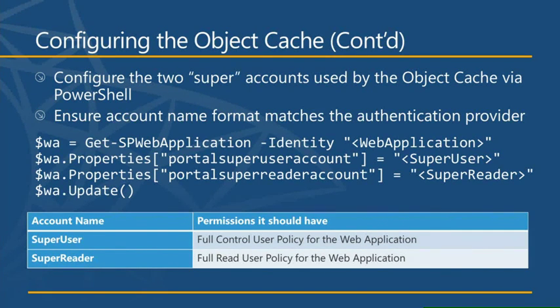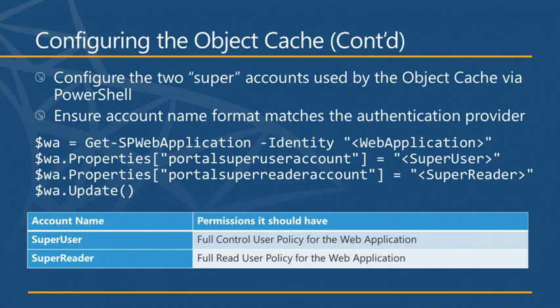So we don't have any user interface to configure this. We have to do this via PowerShell. And really all we're doing here is we're configuring these two super accounts, which are kind of hidden in the system, not represented in central admin in any way, and then assigning each of these accounts a policy on the web application.